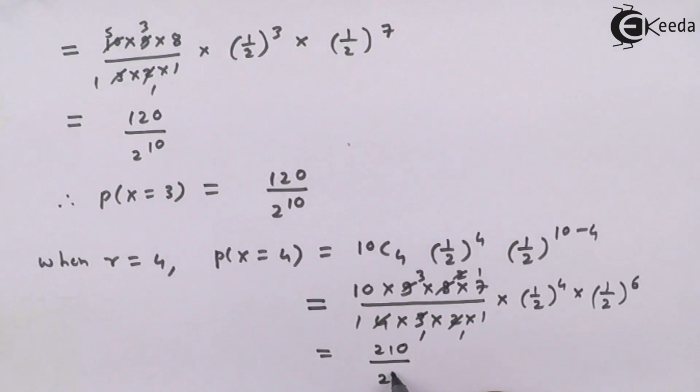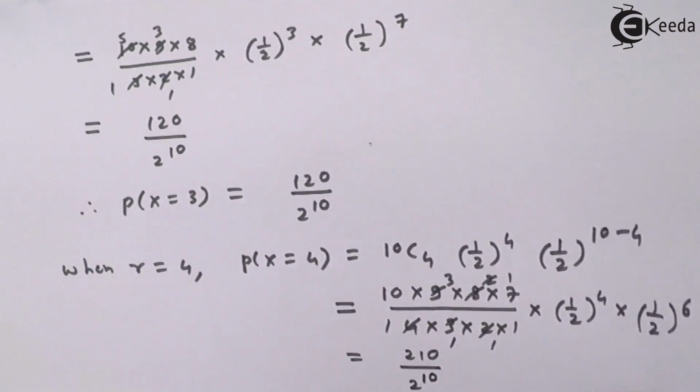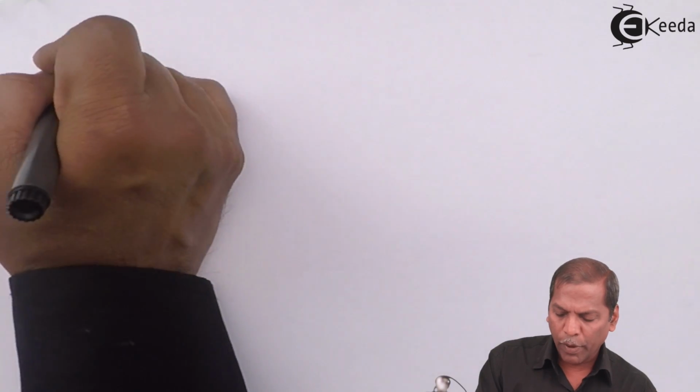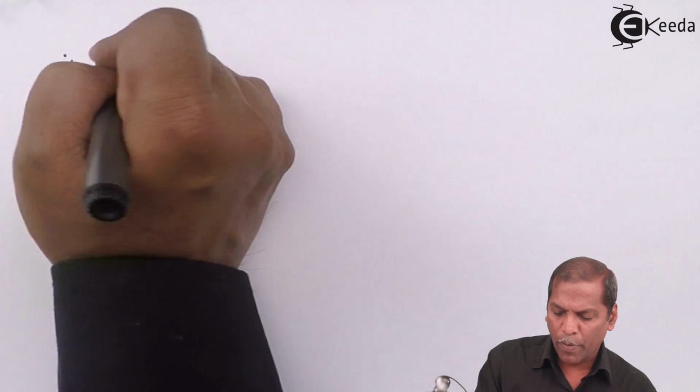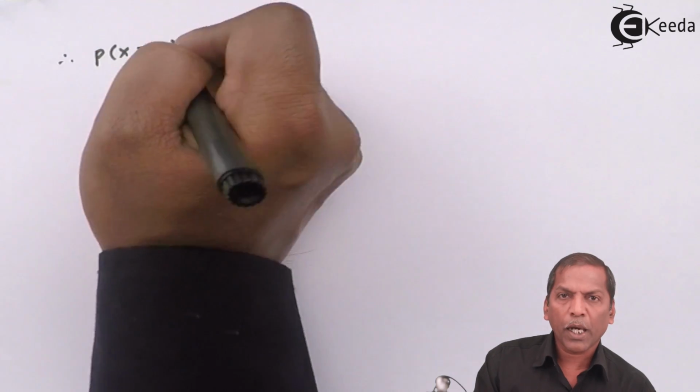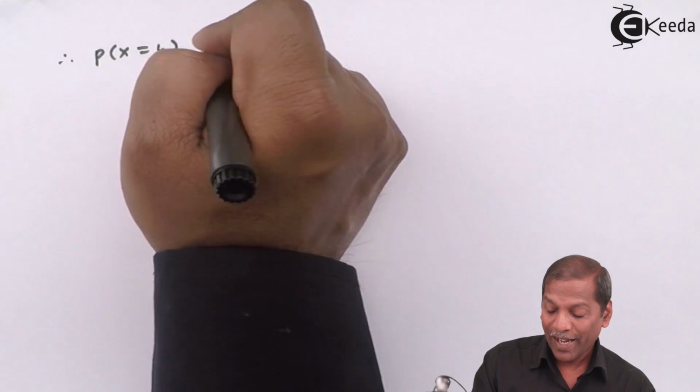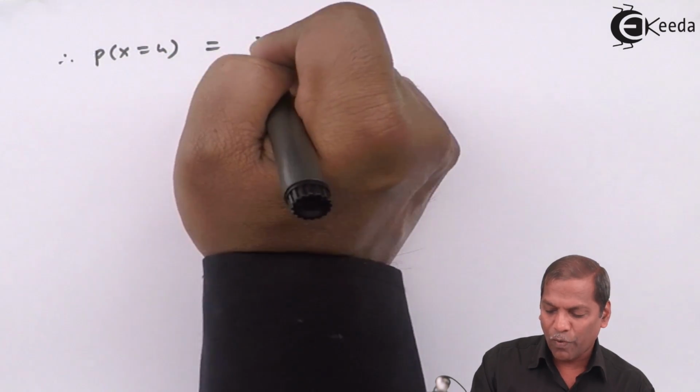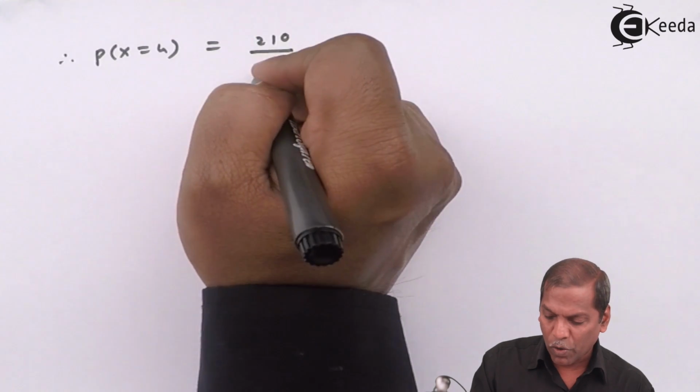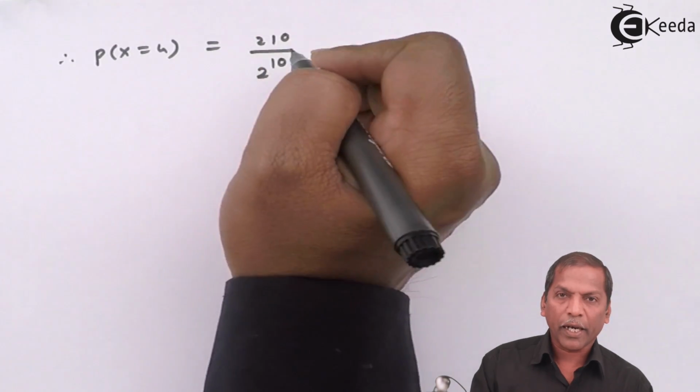So we write 2 raised 10. So in this way, we get probability x equal to 4 is equal to 210 upon 2 raised 10.